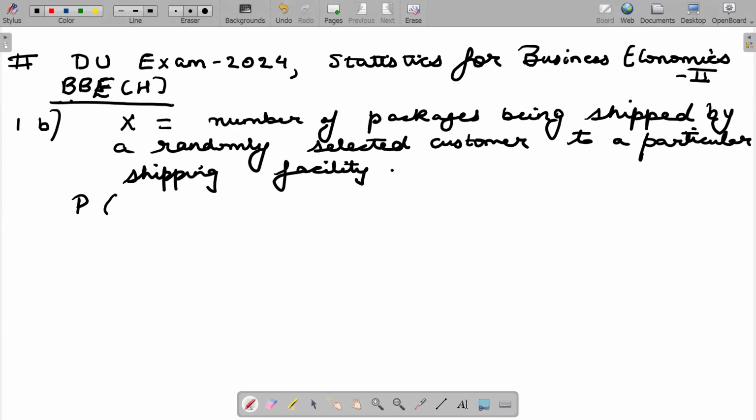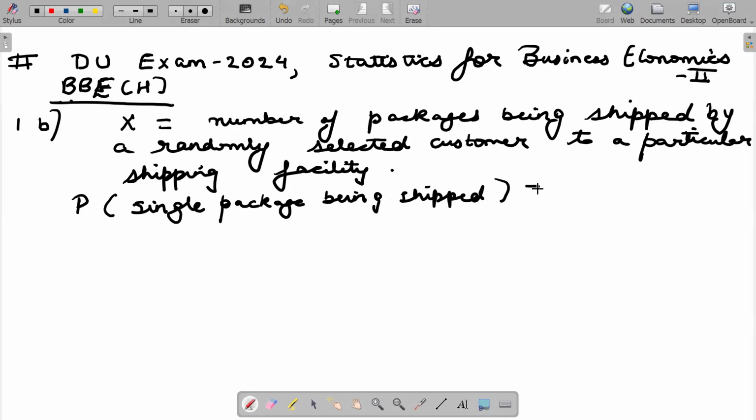The probability of the single package being shipped is given to us as 45%, so I can write 0.45.